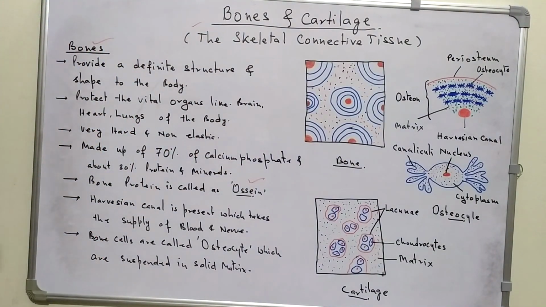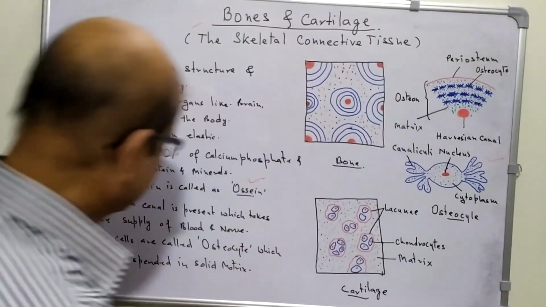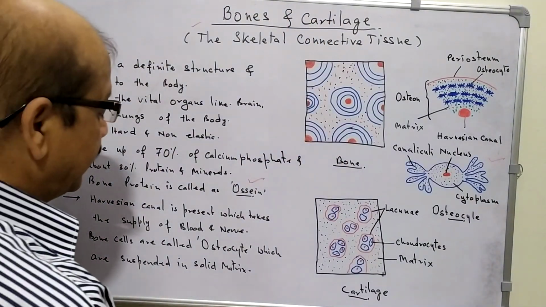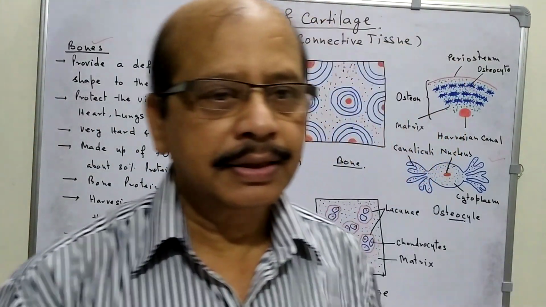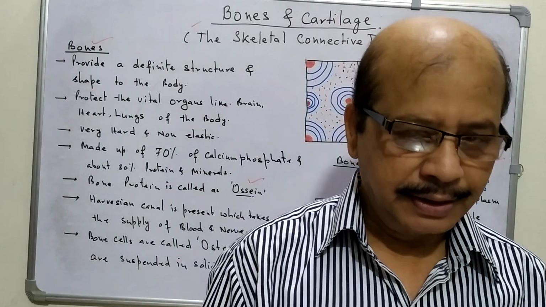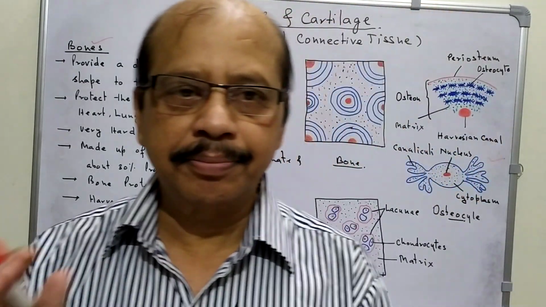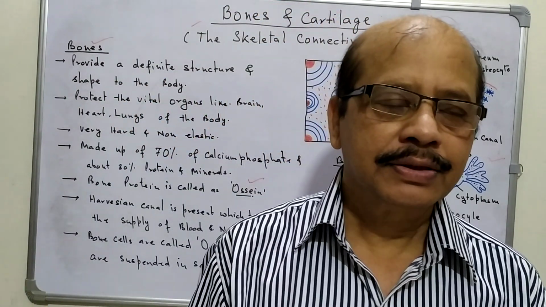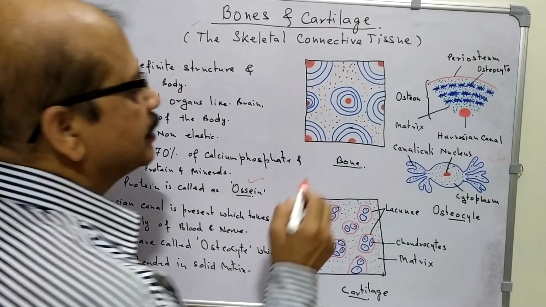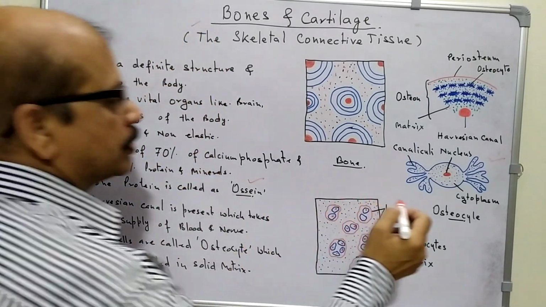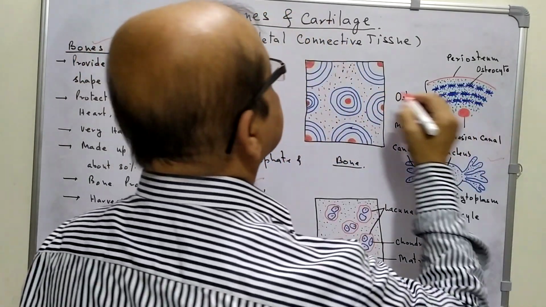The bone cells are called osteocytes. These osteocytes are suspended in a solid matrix. The nature of tissues depends on the nature of the matrix. Here the matrix is solid, so bones are solid. In case of blood, the matrix is liquid, so blood is liquid. In the solid matrix, these osteocytes are arranged in concentric rings.